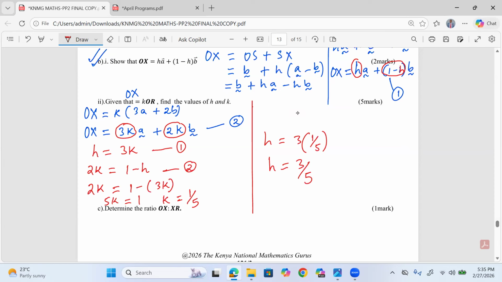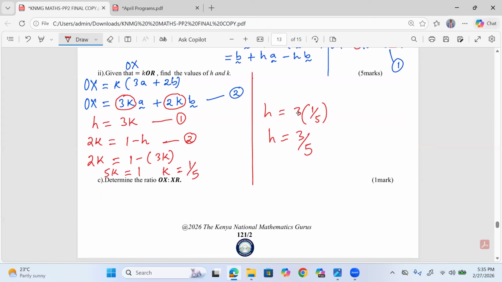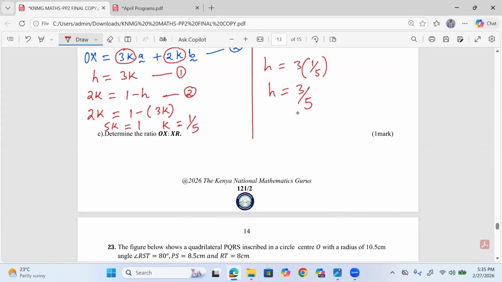So please just know the basics of how to solve them, because anytime they show up in various topics, like this one is vectors and we are solving simultaneous equations. We also solved simultaneous equations in variations.